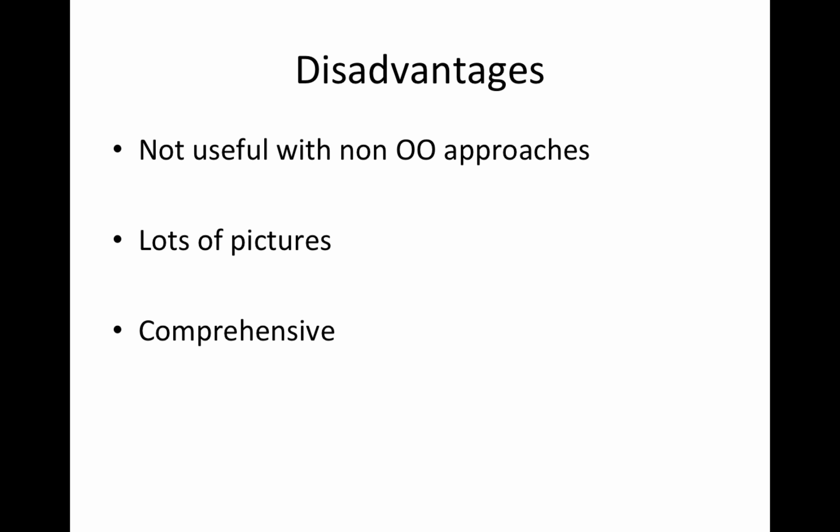Lots of pictures and being comprehensive I included in advantages, but they can also be turned into disadvantages sometimes. You can get pretty lost, as I did, with the sheer scope of how many different symbols there are and how large the language actually is. And sometimes you want something a little more formal than pictures.